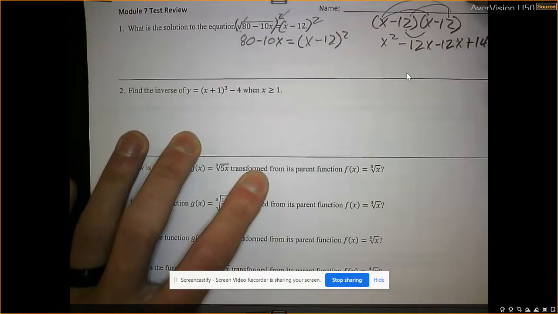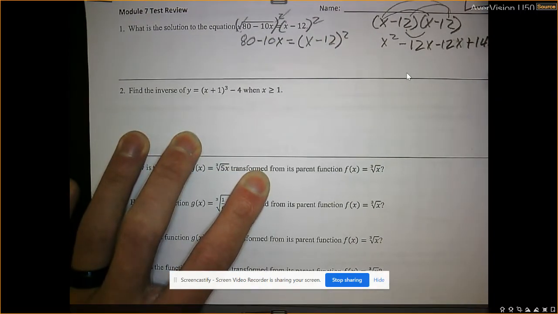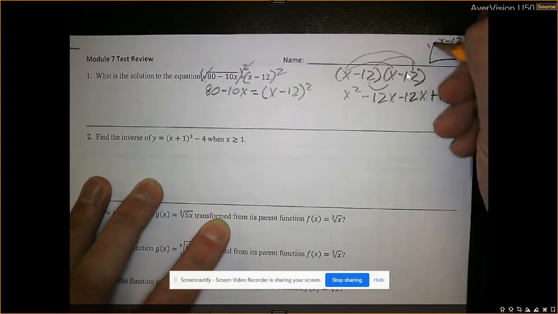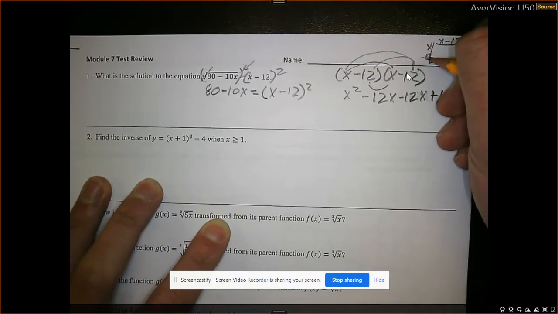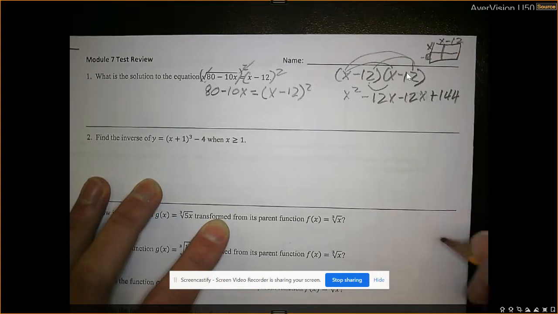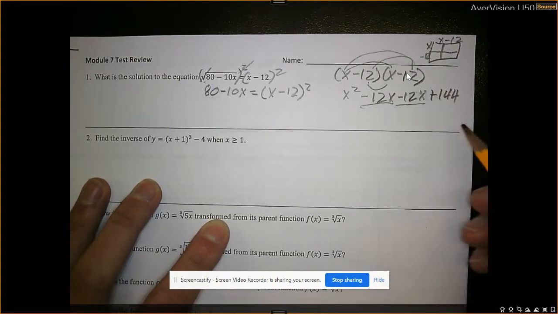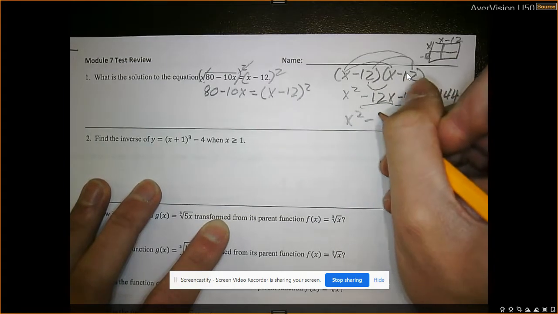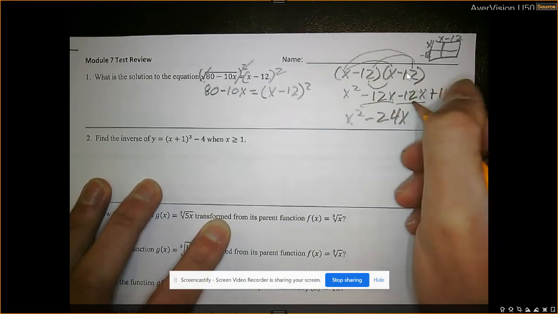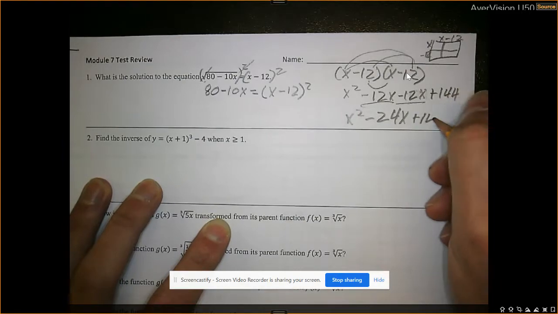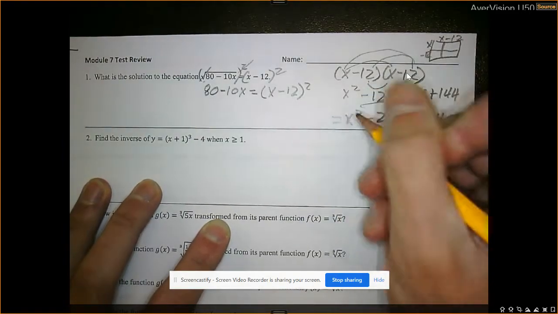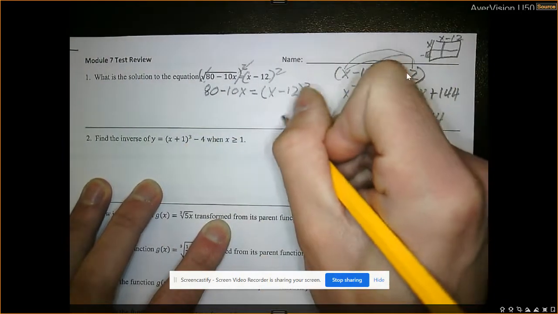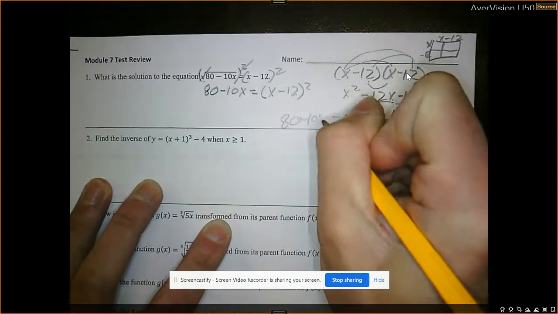You could also use a box, with x minus 12 on the top and x minus 12 on the side, and multiply it out like that. Combine your like terms: negative 12x and negative 12x make x squared minus 24x plus 144. And remember, that was equal to 80 minus 10x.